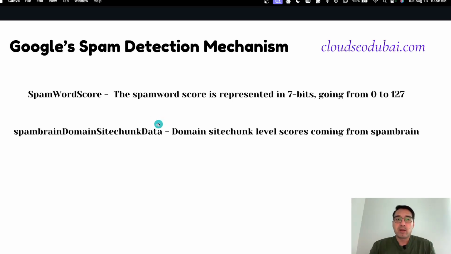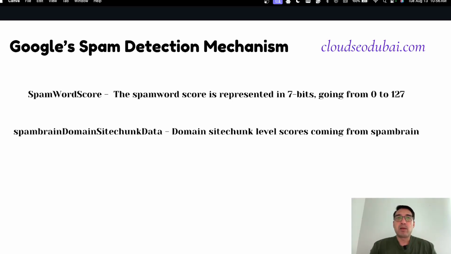The spam word score, we assume, looks at specific types of words that are found to be scammy, or that the algorithm knows or has learned that these words are scammy. This implies that Google is looking for a certain set of words which it deems to be spammy.